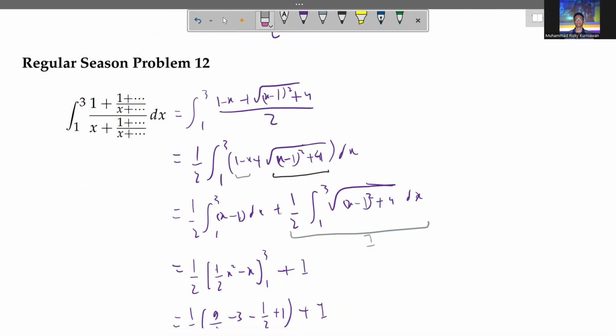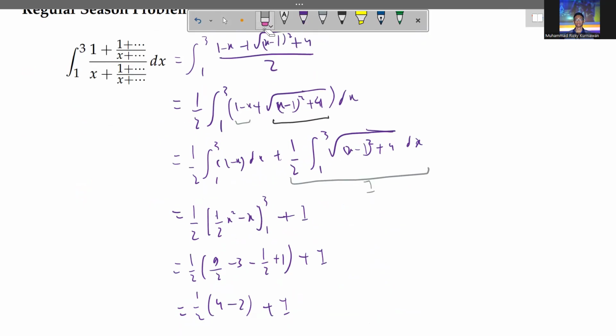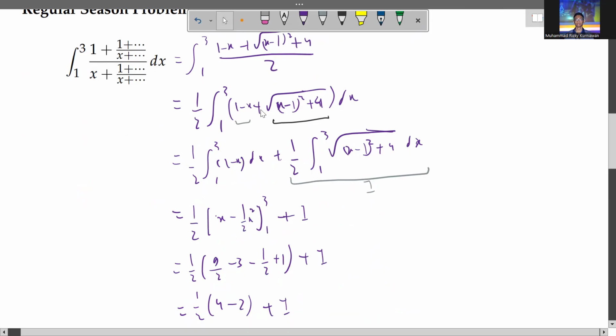So 1 minus x. So that means you simply multiply the result of the left side integral by -1. Okay, sorry about that.